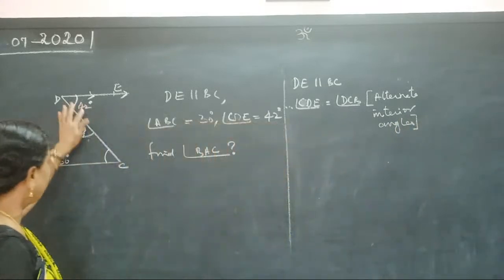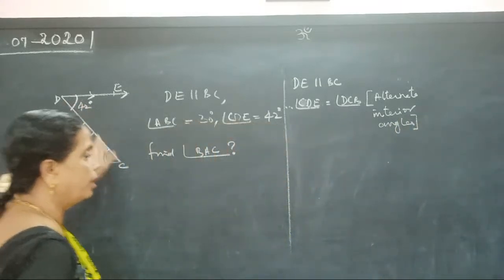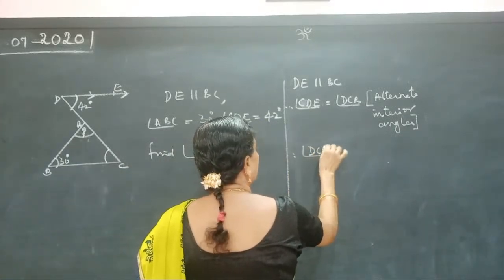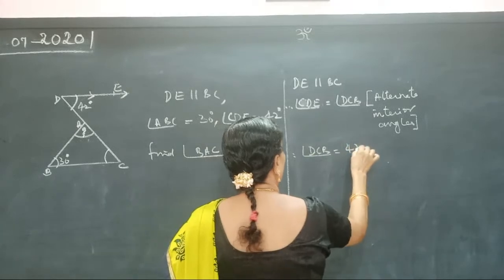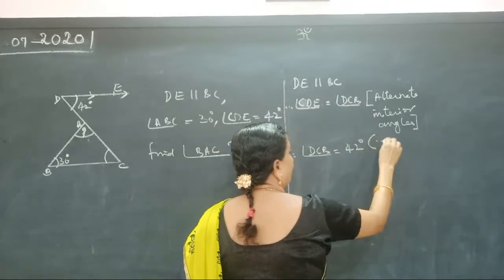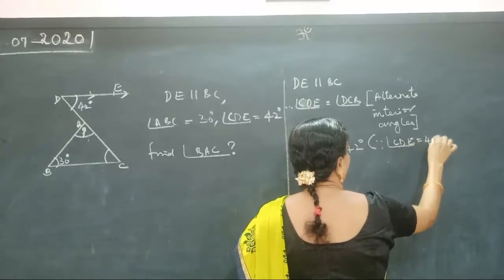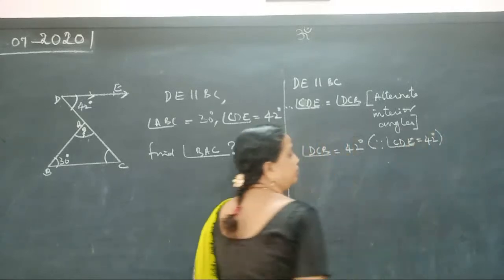Since these two angles are equal, and it is 42 degrees, therefore angle DCB equals 42 degrees. In the bracket you write since angle CDE equals 42 degrees.